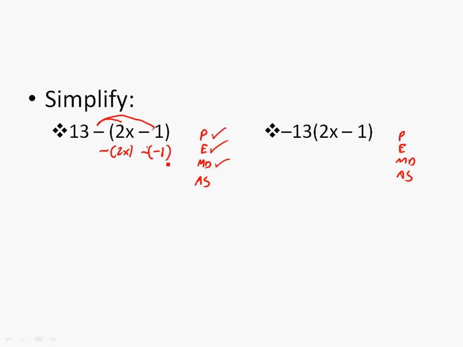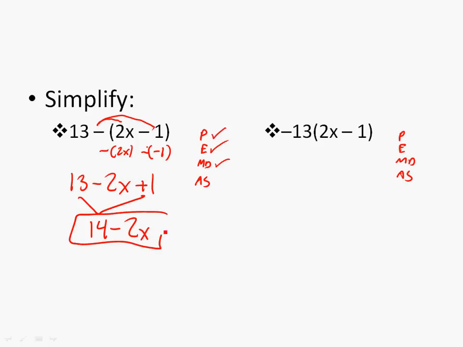So now I'll have 13, I'll have minus 2x, and since I have the opposite of negative 1, it's going to be plus 1. And then I combine my like terms, so 13 plus positive 1, that gives me 14. And then I have the minus 2x. So this one gives me 14 minus 2x.